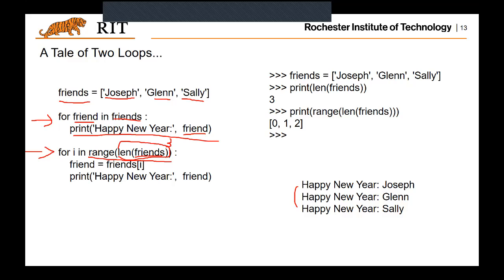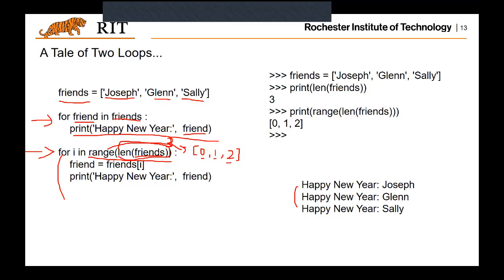And again, the range takes the parameter and returns a list which starts with 0 and ends with the number 1 less than the parameter. So in this case, here is 3, so it becomes 0, 1, 2.